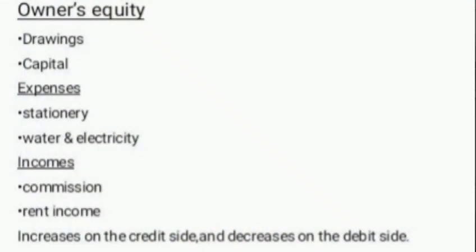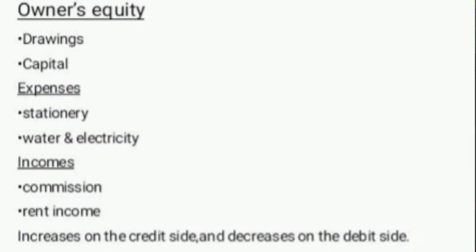For example, if the owner withdraws money from the business, those are the drawings. Then we have the capital. When the owner contributes something, that's the capital. Maybe the owner decides to deposit 50,000 into the business account. That's capital. And we have the expenses and the incomes.